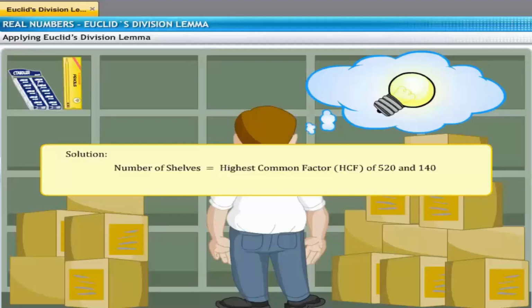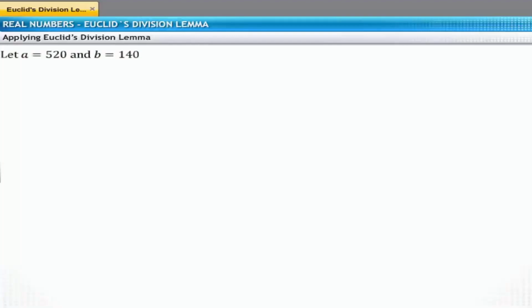Mr. Chatura can use Euclid's division lemma to find the HCF of 520 and 140. Let's see how. Let's apply Euclid's division lemma to the two numbers taking the larger number equal to A and the smaller number equal to B. Dividing 520 by 140, we see that 140 goes into 520 3 times and leaves a remainder of 100.